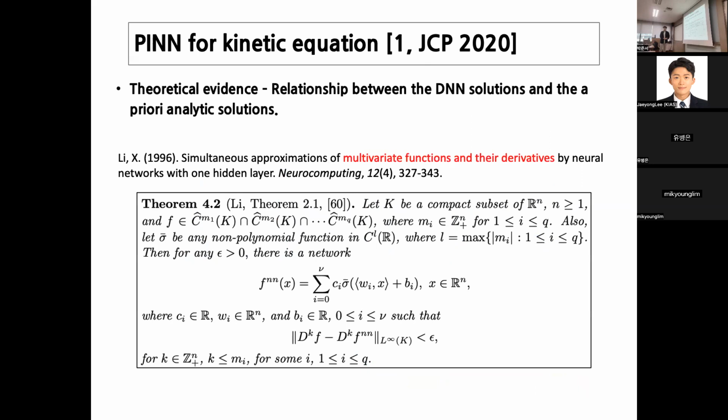Also, I want to give theoretical evidence about the convergence of the solution to the real analytic solution. Here, I will briefly introduce this theorem.